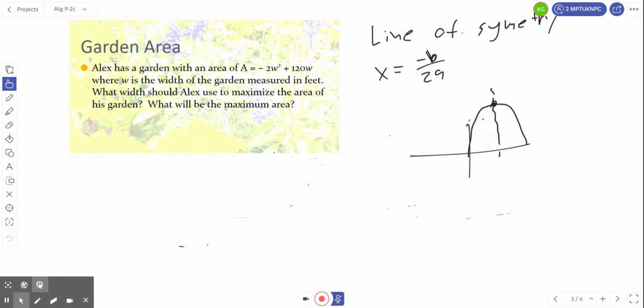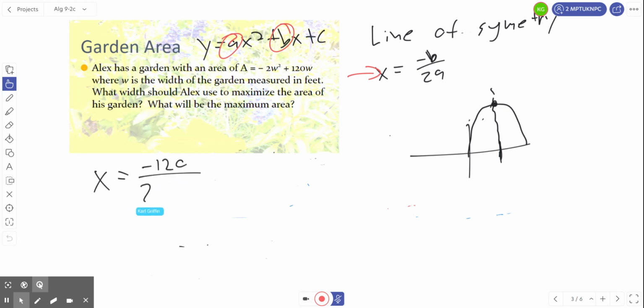So remember, these are always in the form y equals ax squared plus bx plus c. And so we are going to take the a and the b and put them into our equation to find out what is the x coordinate. And we'll put the x coordinate into the equation to figure out what the y coordinate of that vertex point is. So in this case, our x equals negative b, so negative 120, over 2 times a, negative 2.